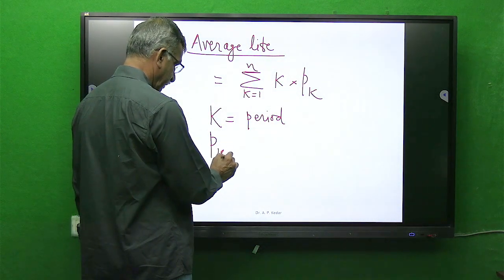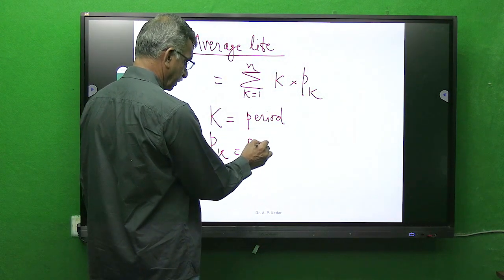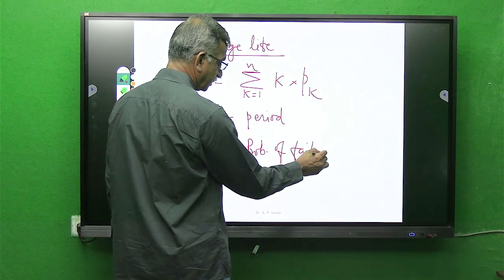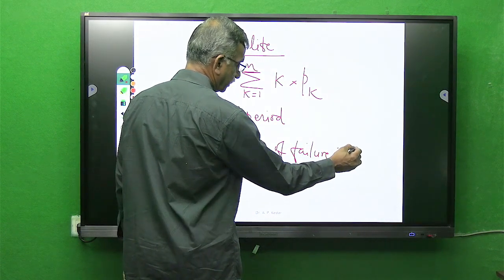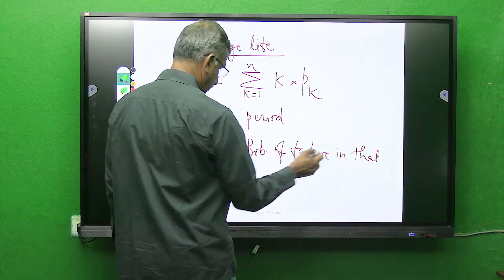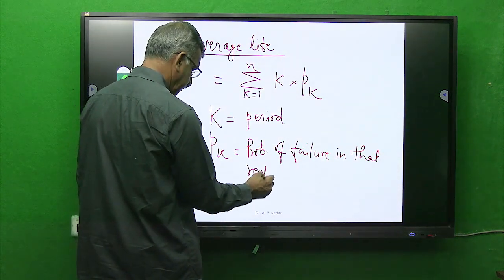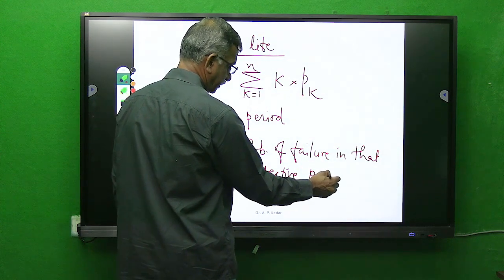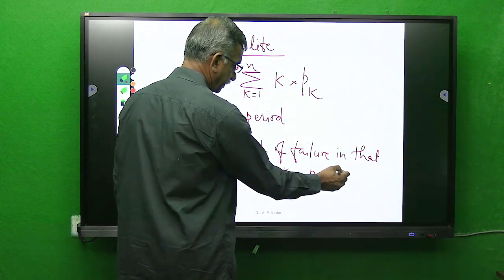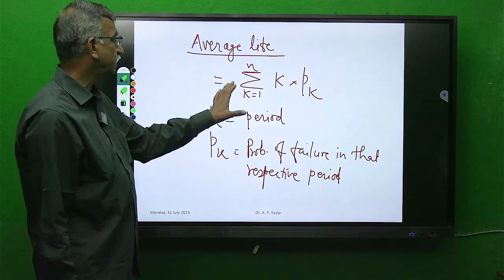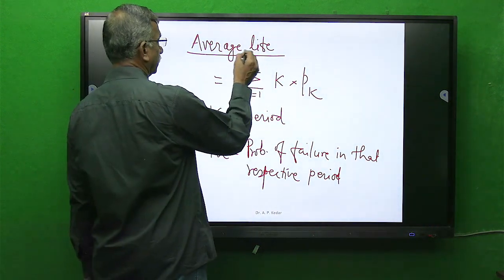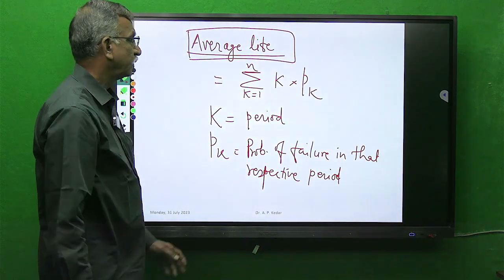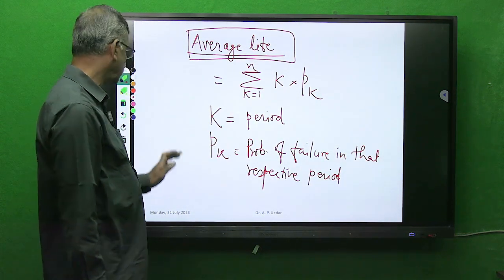Pk is the probability of failure in that respective period. By that logic, we will find the average life of the components.